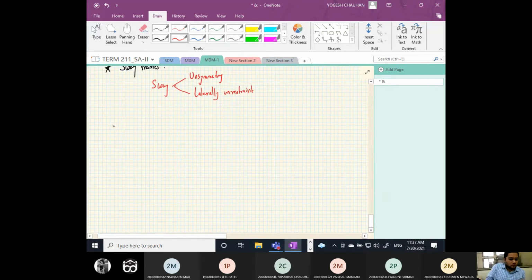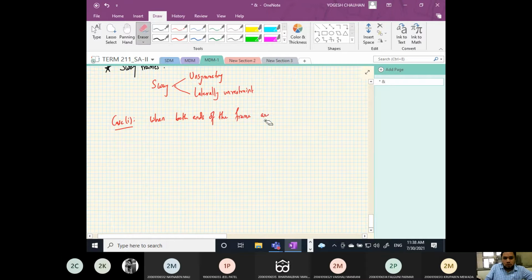Now there can be three different cases. Case 1, when both ends of the frame are fixed.